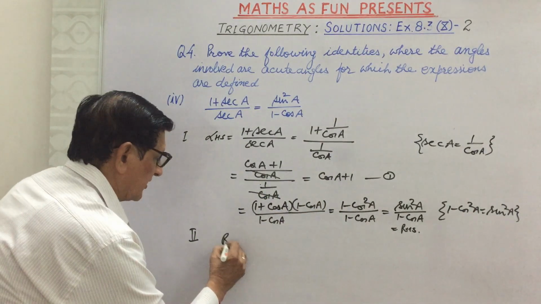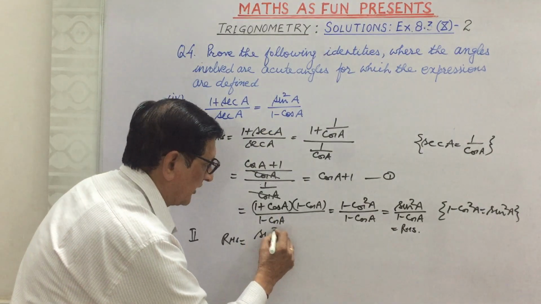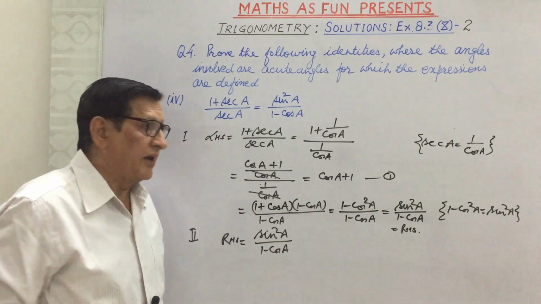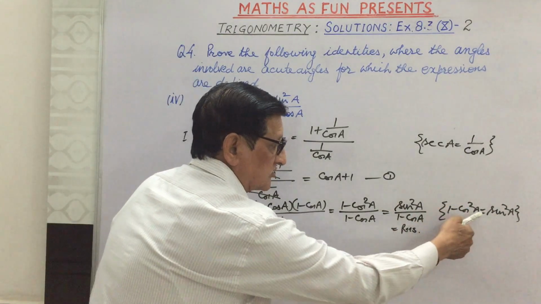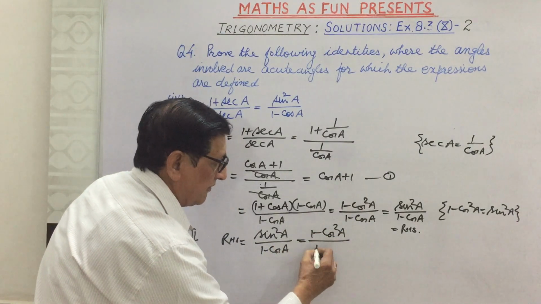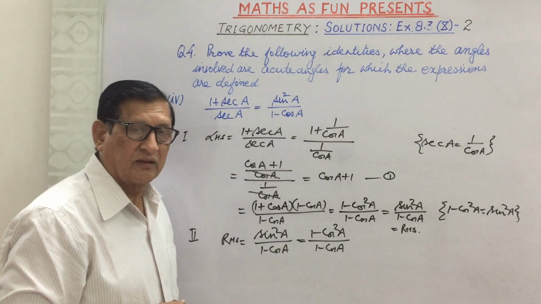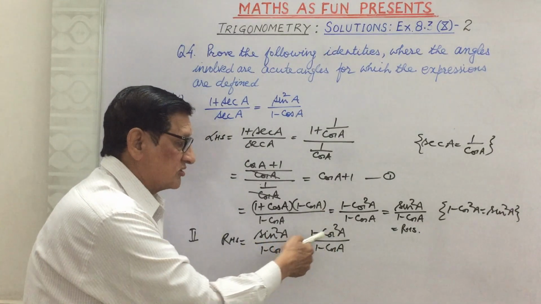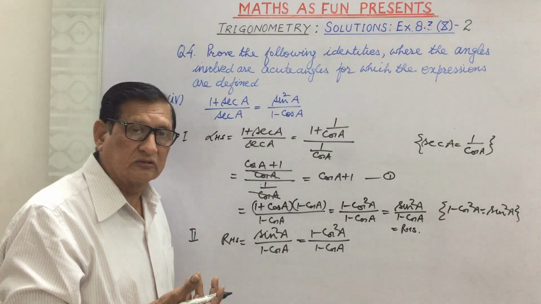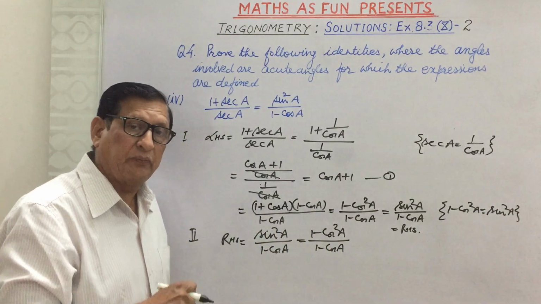Now we start with the right hand side. That is sin square A upon 1 minus cos A. And as we know that sin square A is 1 minus cos square A, we can apply it here, 1 minus cos square A upon 1 minus cos A. Now we know 1 minus cos square A can be split into two different factors. That is A square minus B square equal to A plus B into A minus B can be applied.